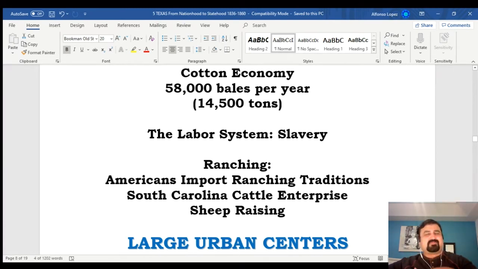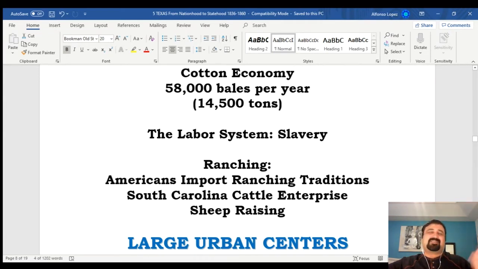And Texas is very rapidly developing a cotton-based economy, okay, because it was one of the most important crops generated in Texas, that was in high demand overseas, and that really produced vast quantities of money that were introduced into Texas as a result of those exports.